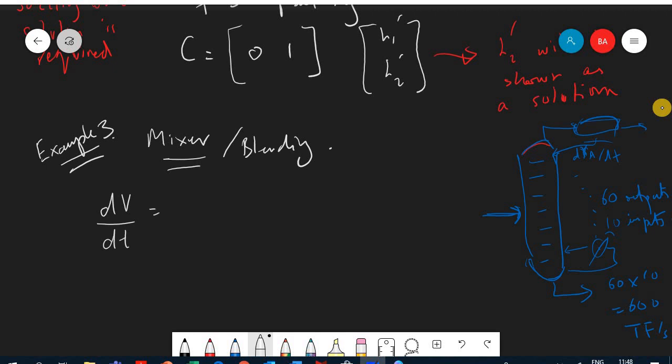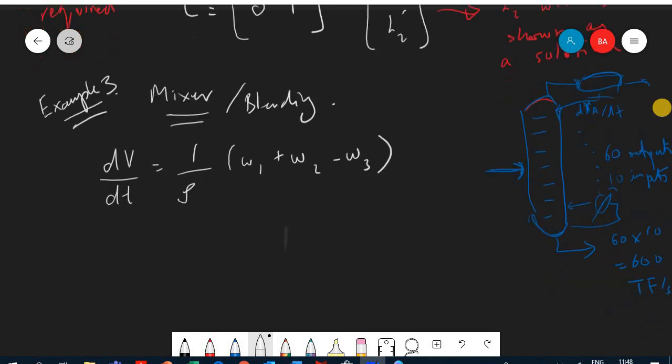dV/dt is equal to 1/rho times (w1 plus w2 minus w3), okay?